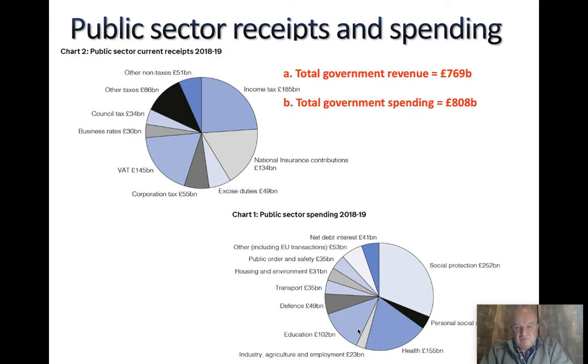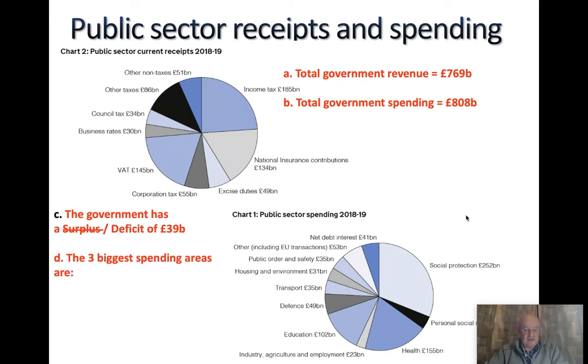However, total government spending was 808 billion, and that's based on adding up all of the different parts of the pie chart based on public sector spending. So on that basis, to answer question C, the government has a deficit of 39 billion. So it's basically spending 39 billion pounds more than it's gathered in tax revenue.